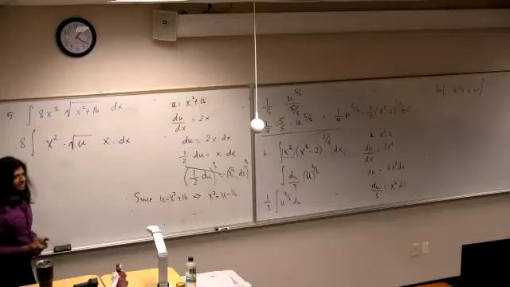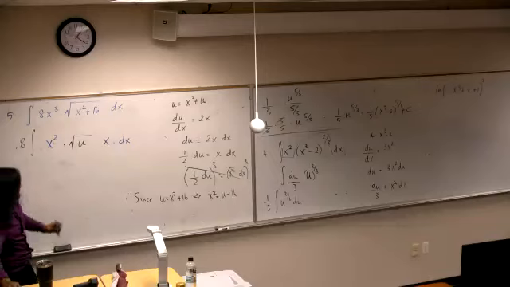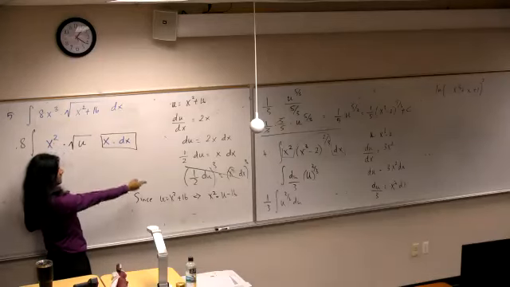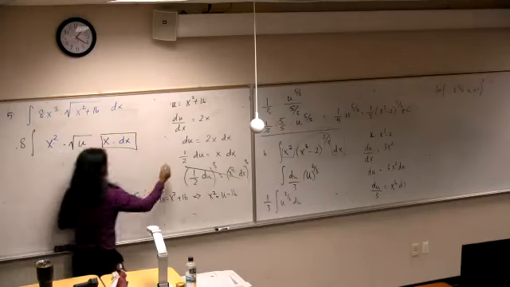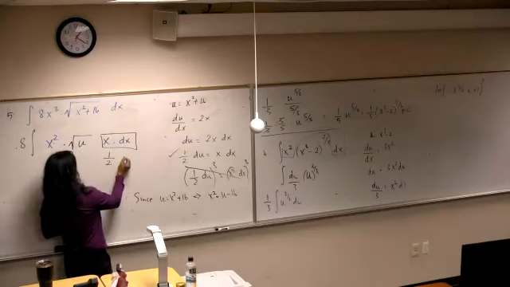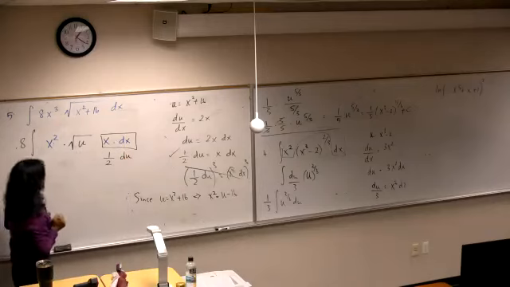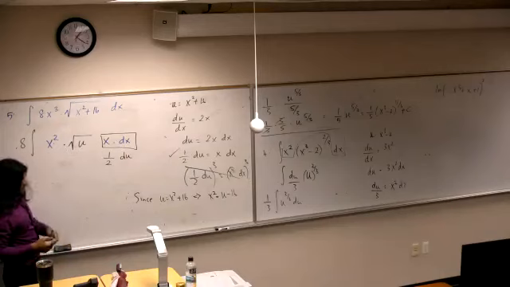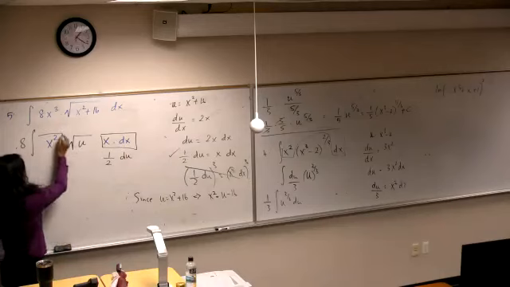Do we agree with Alison? Yeah. Okay. We already know x dx is 1/2 du. Great. Lorenzo suggested that we solve for x squared. Great.